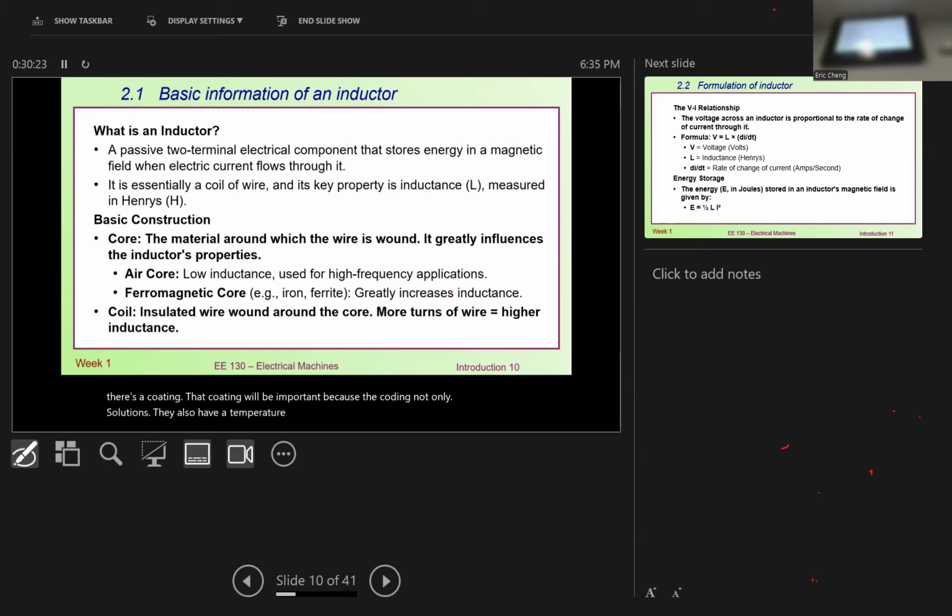If the motor or transformer operates at too high a temperature or too high a voltage, there may be breakdown of the coating, and the winding may burn or short circuit. That's why we try to keep the motor between 60 degrees C or maximum 80 degrees C, so that we won't burn the winding.